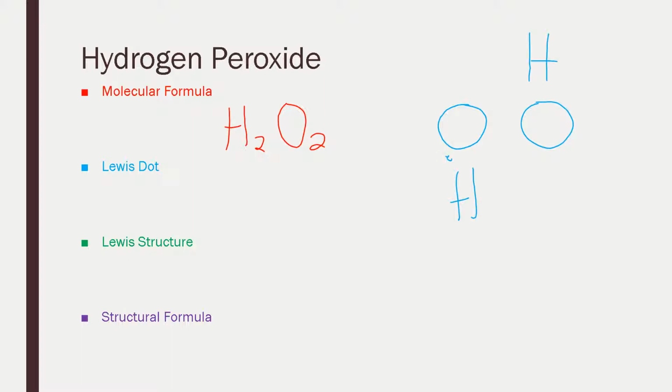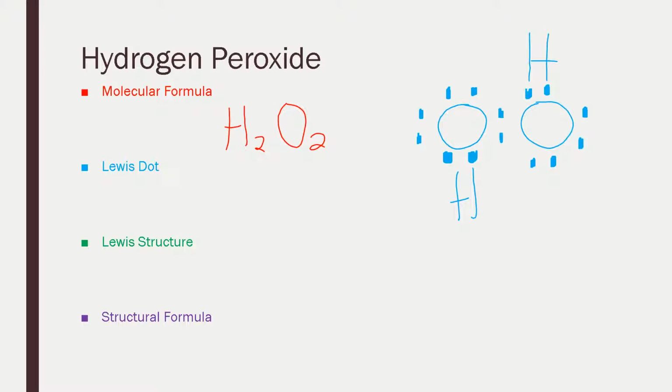The H's are going to be connected with 1 bond. And that means we still need an octet for the O's, and we will give them an octet.